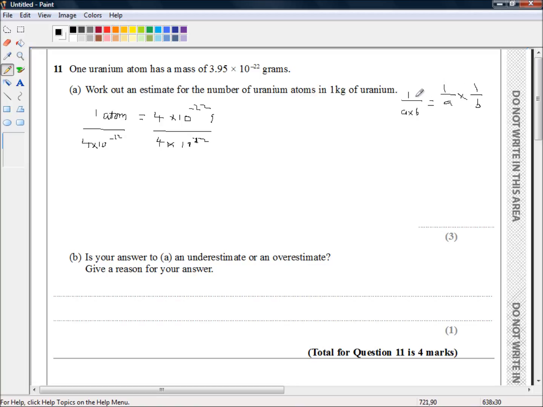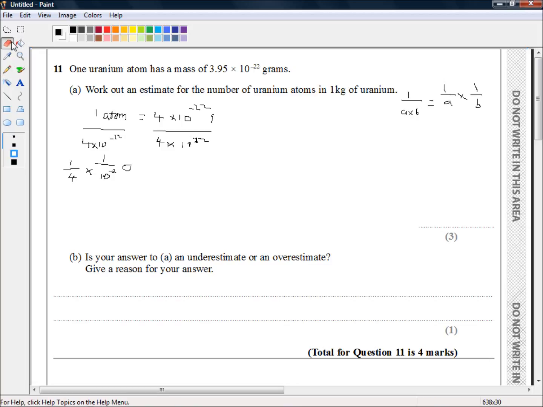So 1 times 1 is 1, A times B is A times B. So 1 over 4 times 10 to the negative 22 is the same as 1 over 4 times 1 over 10 to the power negative 22. And that's the number of atoms.